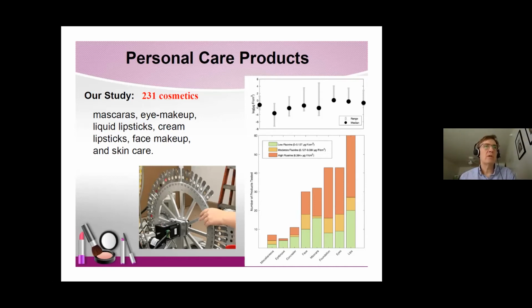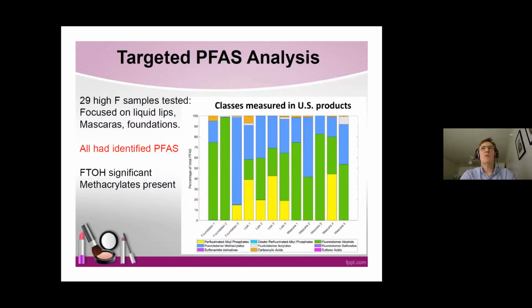And then we decided to look at those to see what they were. And a subset of 29 of the high fluorine samples were then tested at Indiana University, and we took them through all the standard 537 methods after some extraction. And we also did something new. We did GC mass spec as well as LC mass spec, we being Marta Vernier at Indiana.